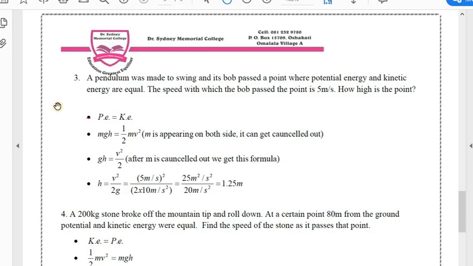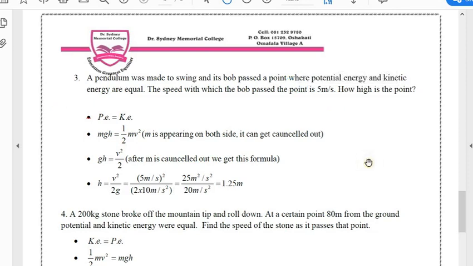What you want to calculate here is how high the point is. So you are calculating height. Sometimes you will not be calculating the potential energy per se, but you will know from the formula PE is equal to mgh, and what you're looking for is the h. I also wanted to bring in this aspect of kinetic energy.